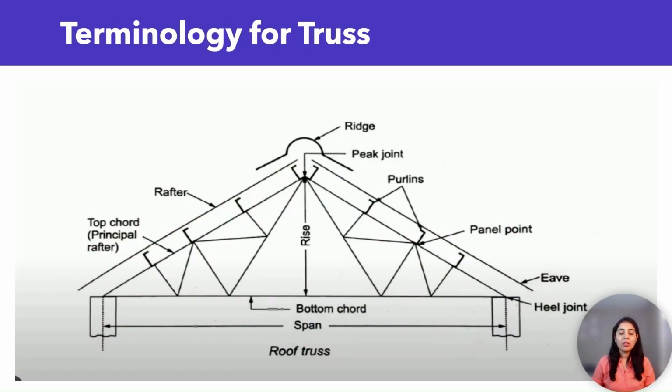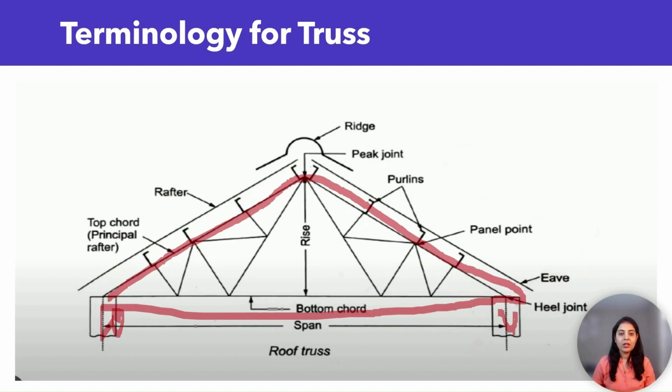Now in this picture we can see that here the supports are there, and on these supports, the truss is there. On the truss, purlins, and on the purlins, roof covering material is there.